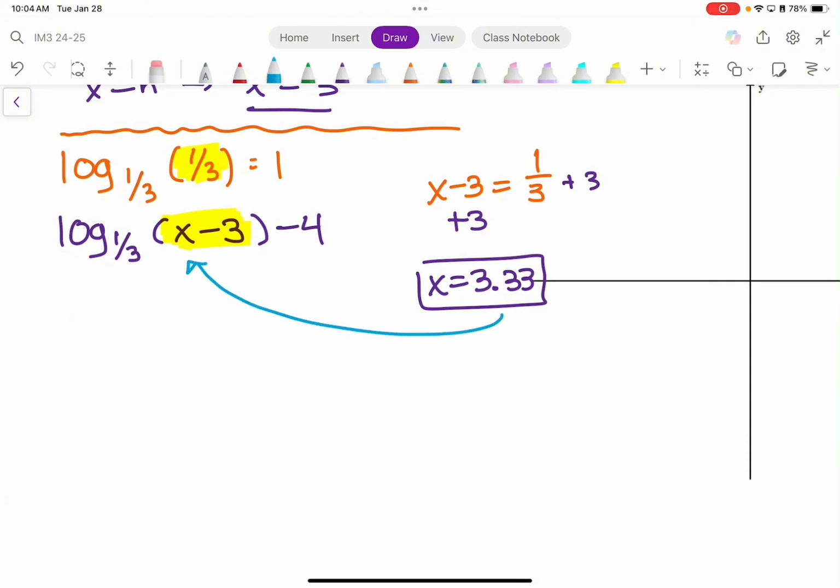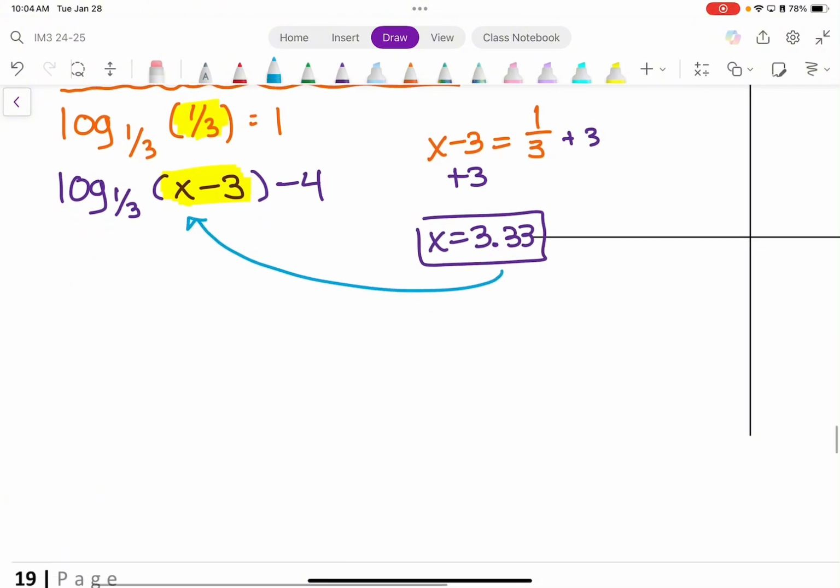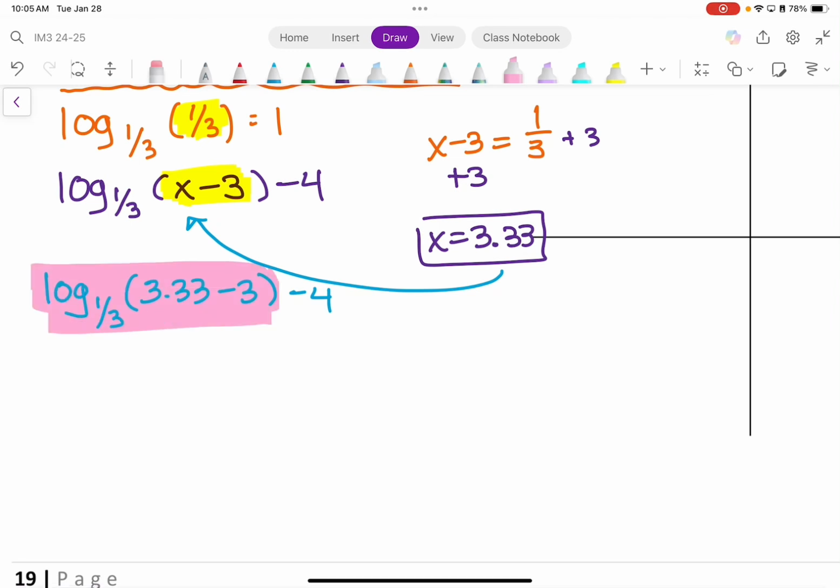Take this x coordinate, plug it back into the function. Log base 1/3 of, you could write it as 3.33 or 3 1/3 as a mixed number, doesn't matter. I'll do 3.33 minus 3, minus 4. And all of this right here in pink, all of this will become what?